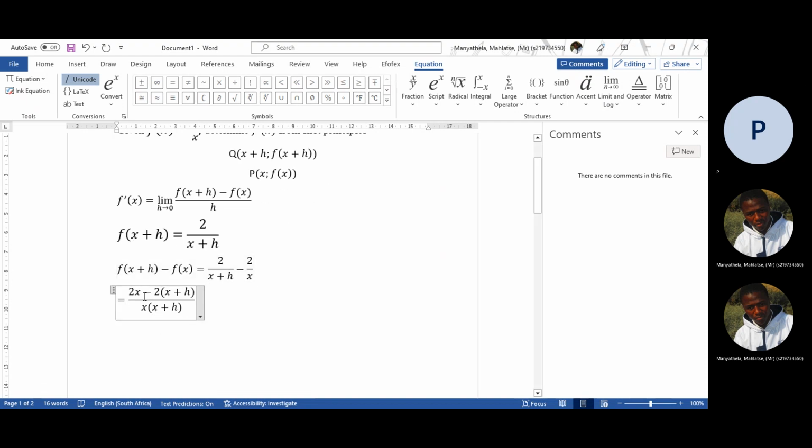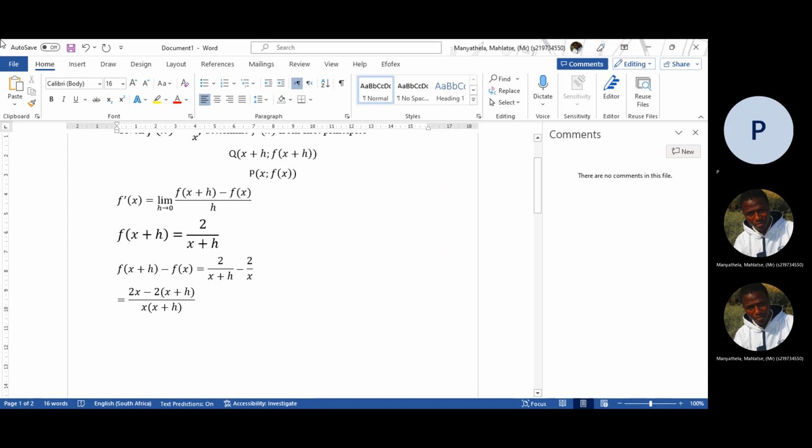So in the numerator, we have negative 2 multiplying the terms inside the bracket. So we'll have negative 2 multiplying x, negative 2 multiplying h.